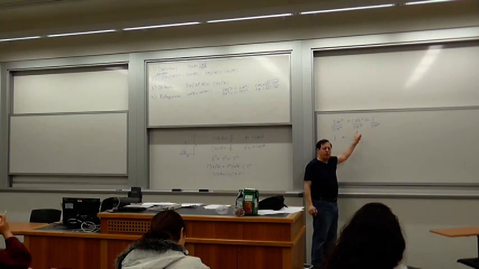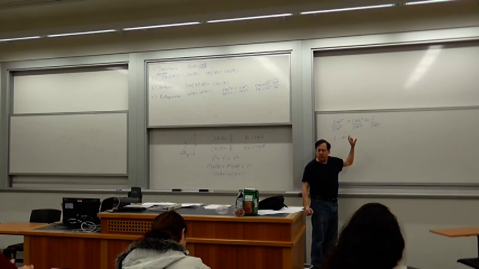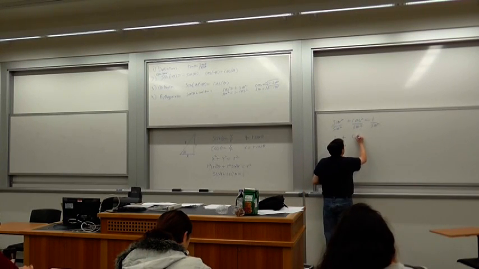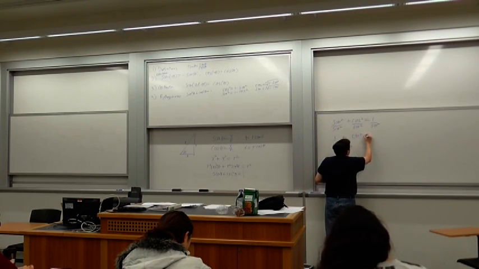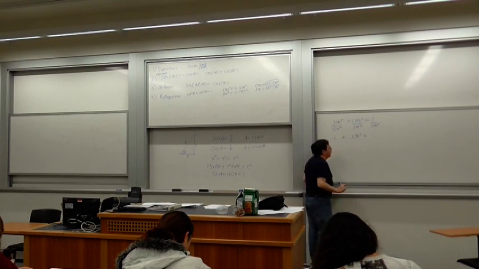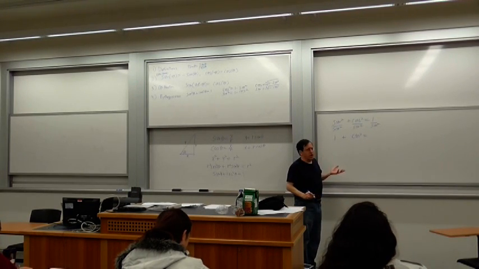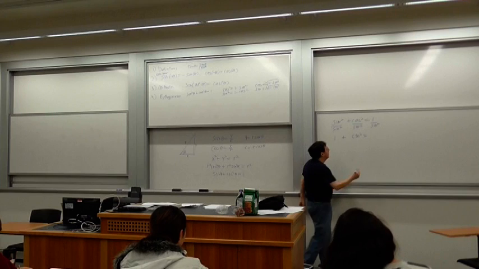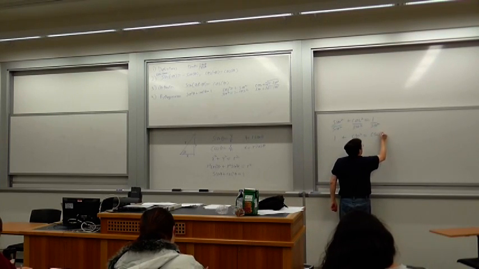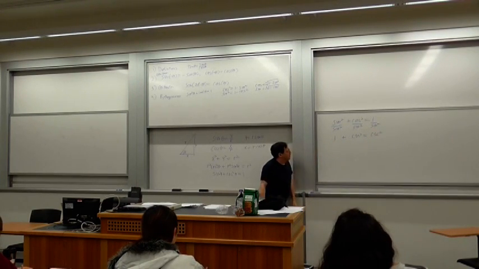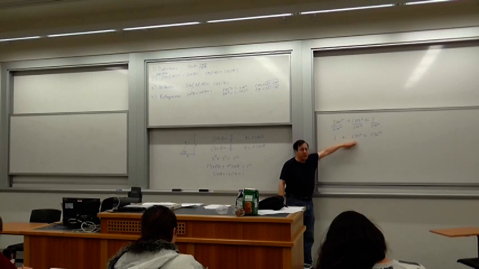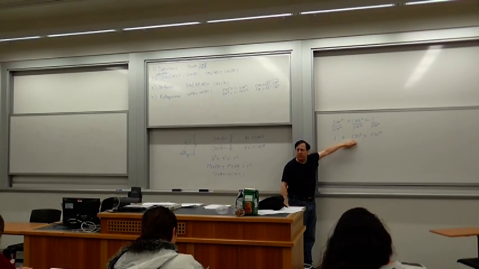Cosine squared over sine squared: cosine over sine is cotangent. And what is 1 over sine squared? That's cosecant squared. Now, you might not recognize that right away as a Pythagorean identity, but it's part of the family, right?